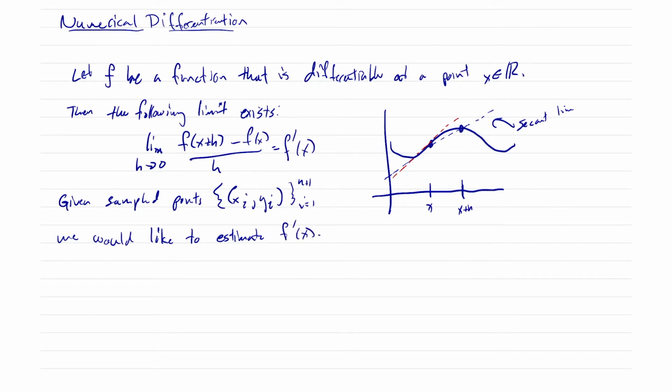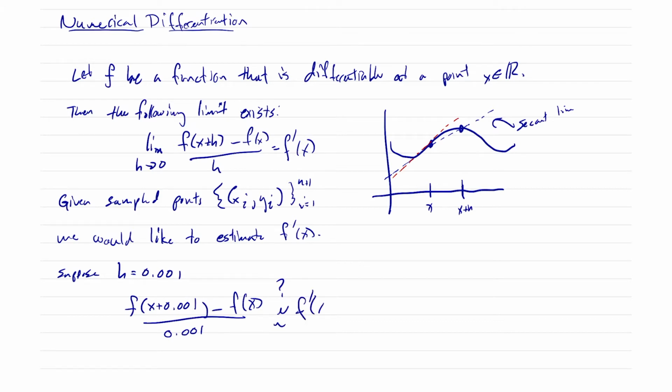Right. So you could just say suppose h is, say, 0.001, right? Which might be small in a certain context. Then you could just say f of x plus 0.001 minus f of x, divided by 0.001, might be close to f prime of x, but we need to quantify.